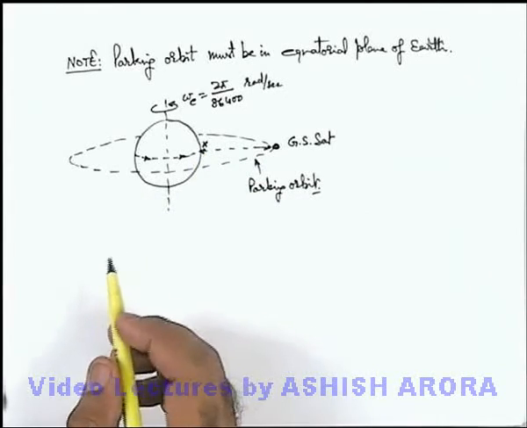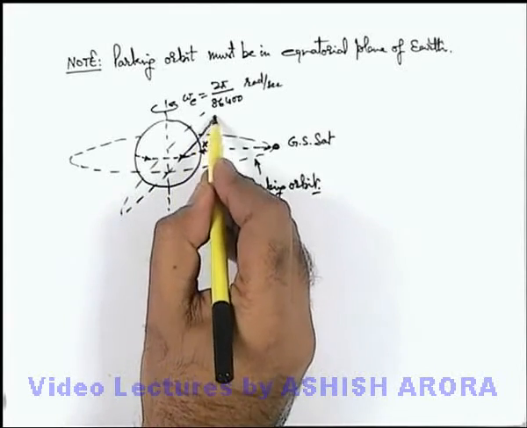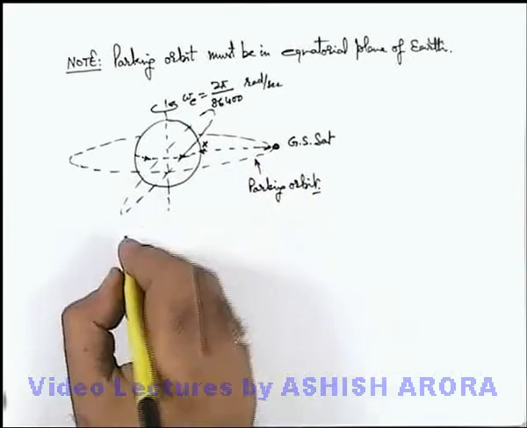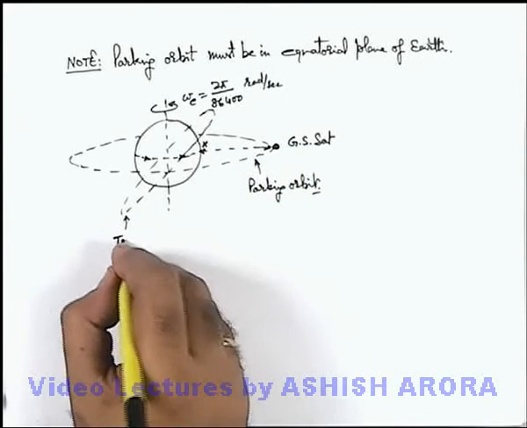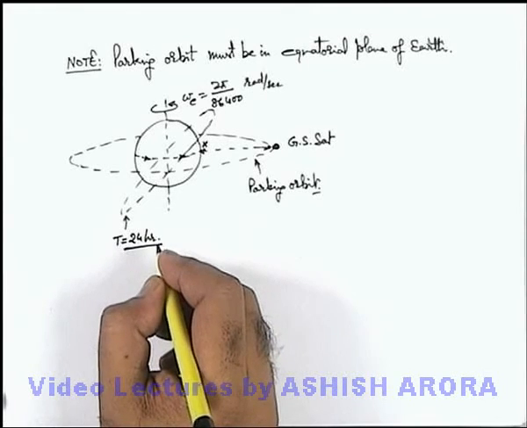Because if we consider any other orbit, say of the same radius or height as that of the geostationary satellite, in this orbit also the time period of the satellite will be 24 hours, but it will not appear to be at rest.